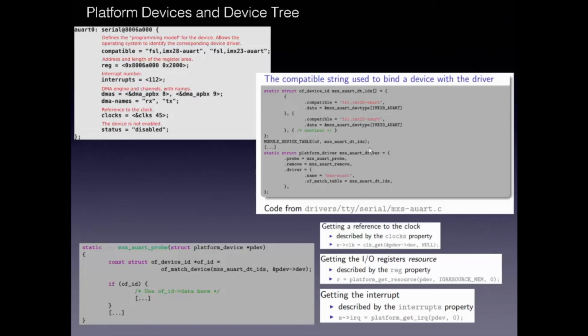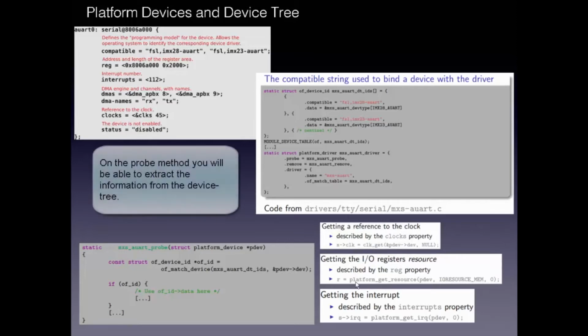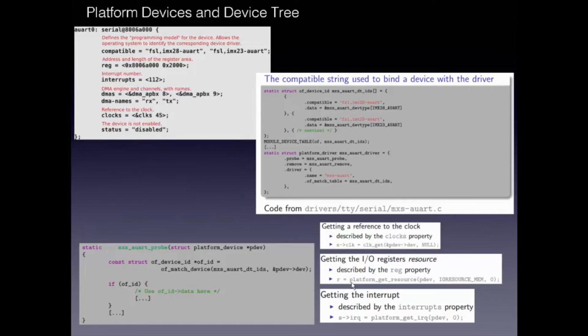After this is detected, the probe callback is called. You can use some default functions to get, for instance, the reg field. If you type platform_get_resource and ask for IORESOURCE_MEM, it is going to return a pointer to the description of this physical address. If you call platform_get_irq, it is going to get the interrupt number and so on.